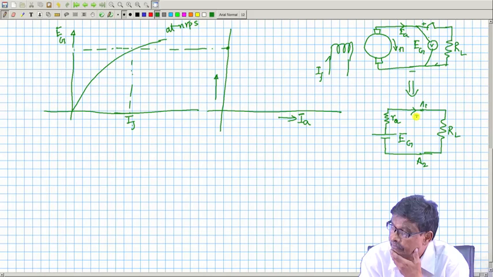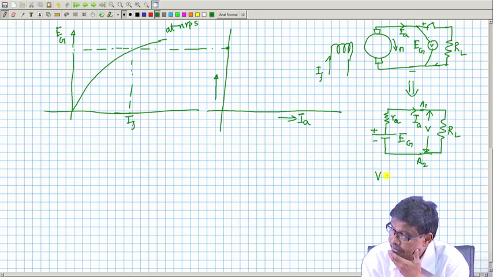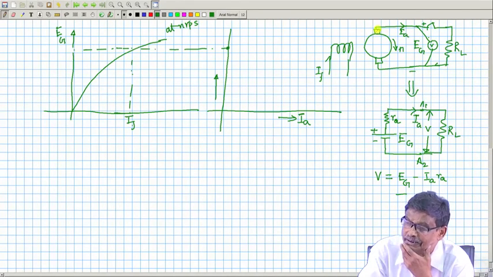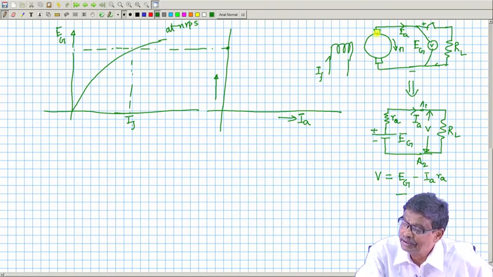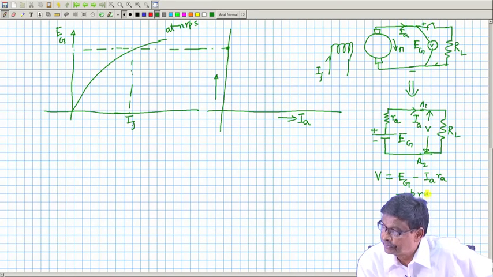At that time some current will flow. So, this voltage we are measuring, V, the terminal voltage across the load, will be EG minus IARA, and minus the voltage drop in the two carbon brushes, which we write as brush drop, which is little.